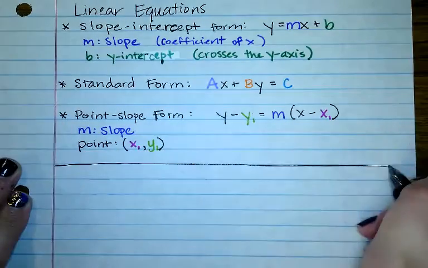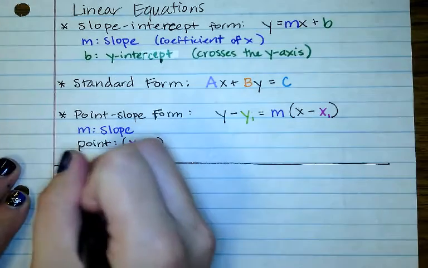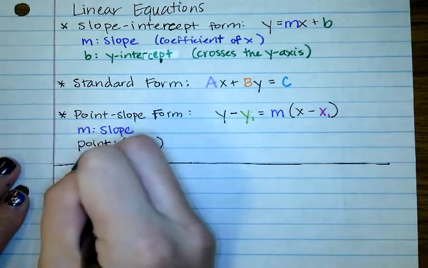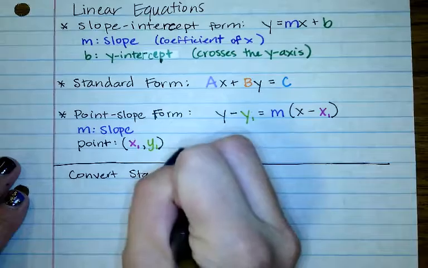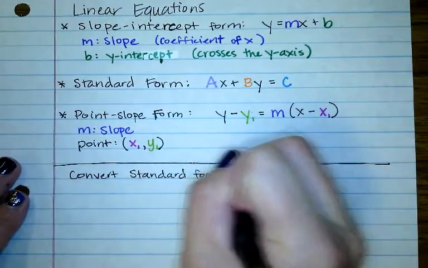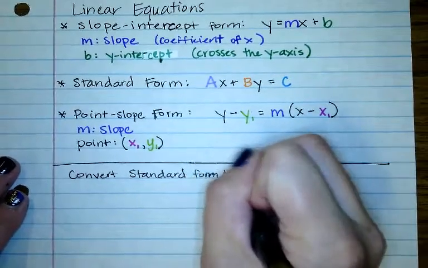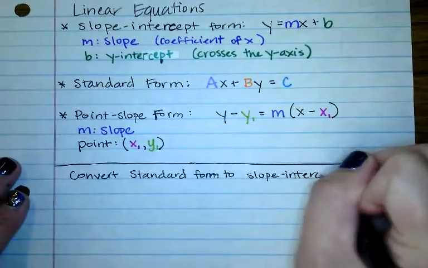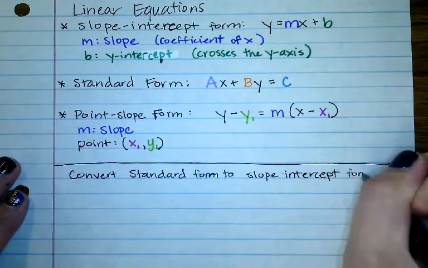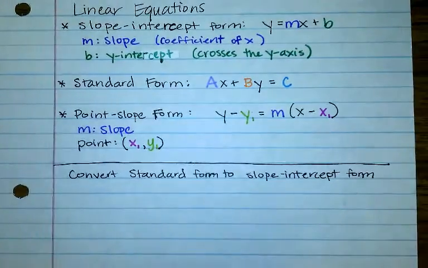Okay, so we are going to convert our standard form to slope-intercept form. Okay? So this is how we're going to try to do this. All right, so let's see here.